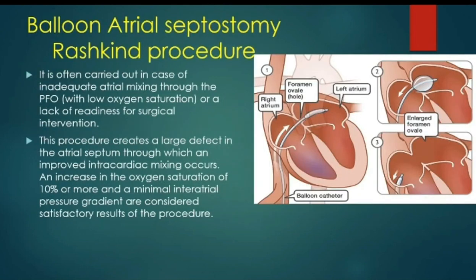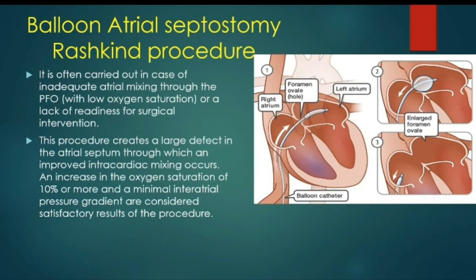Balloon atrial septostomy, the Rashkind procedure, should be immediately carried out in case of inadequate atrial mixing through the PFO, when the patient is presenting with low oxygen saturation and we are not ready for urgent surgical intervention. During this procedure, the balloon-tipped catheter is advanced into the left atrium through the PFO.